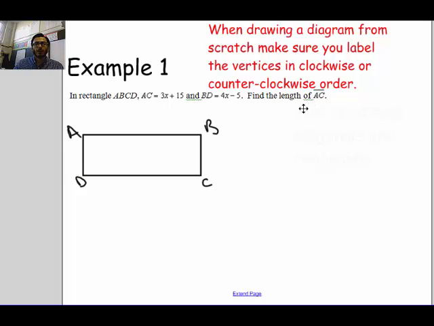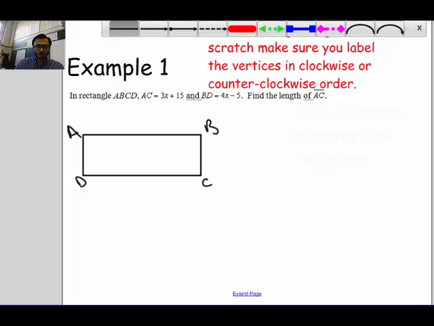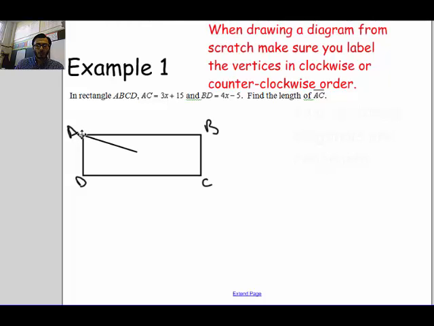It says find the length of AC. If you connect AC, you'll notice that AC is a diagonal, and so is BD. So, for example 1, we're dealing with diagonals of a rectangle. So I need to find the property that deals with diagonals of a rectangle.